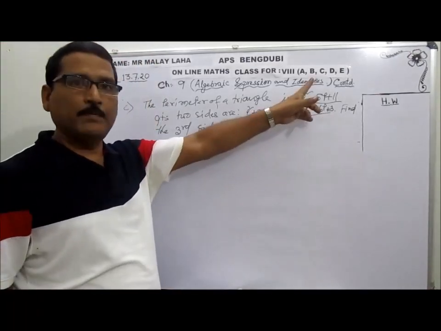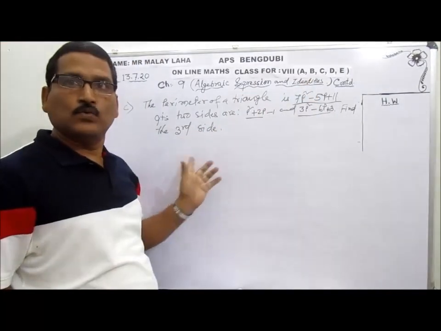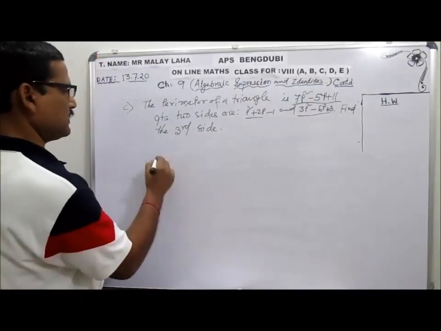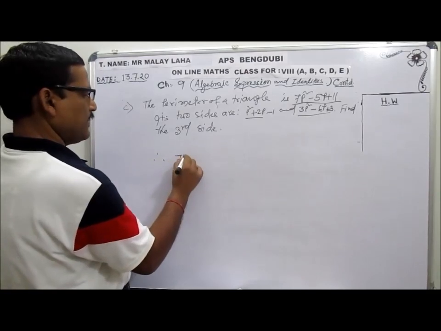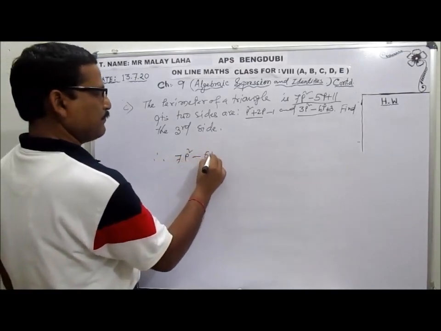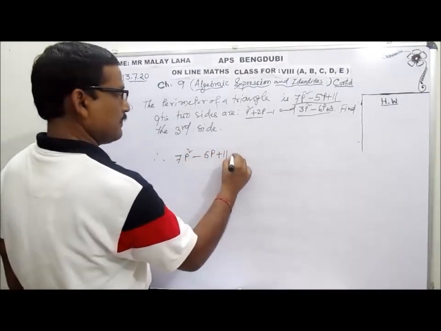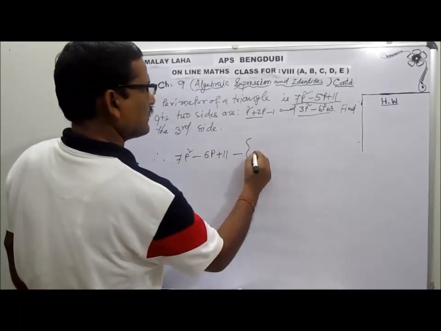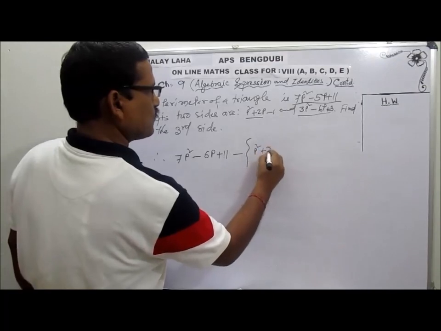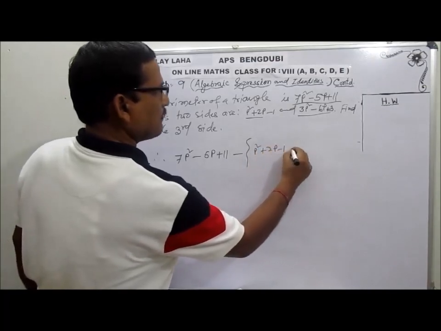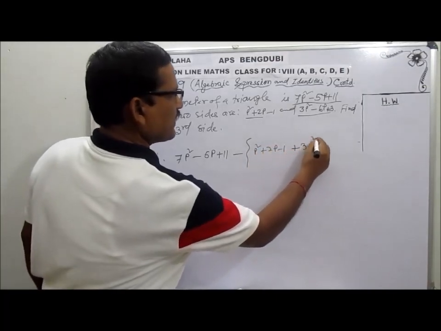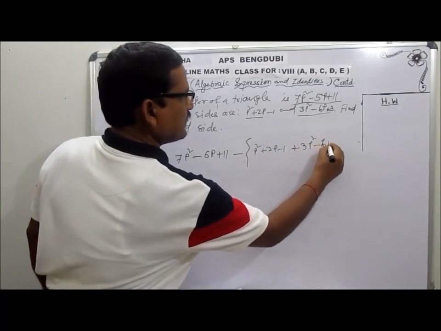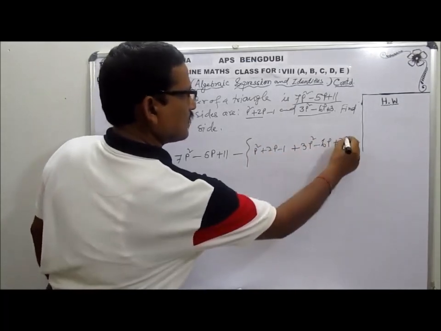That means perimeter minus two sides. Therefore, 7p square minus 5p plus 11 minus, sum of the two sides, p square plus 2p minus 1 plus 3p square minus 6p plus 3.